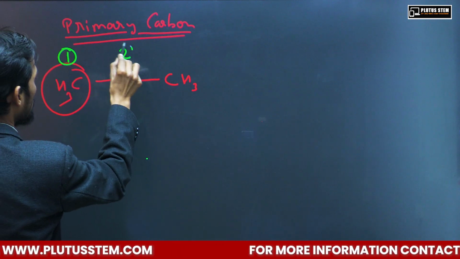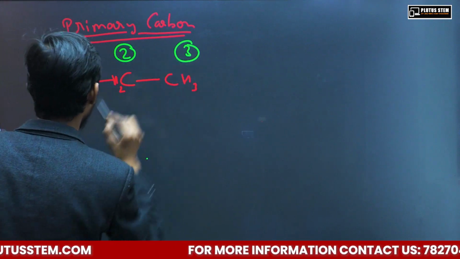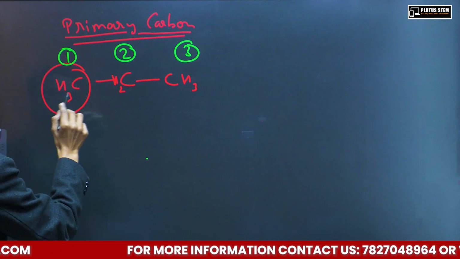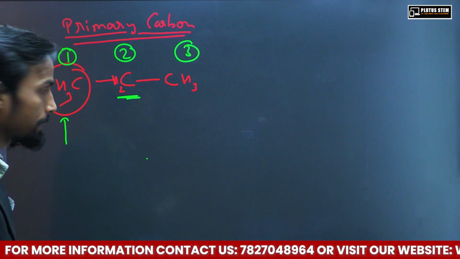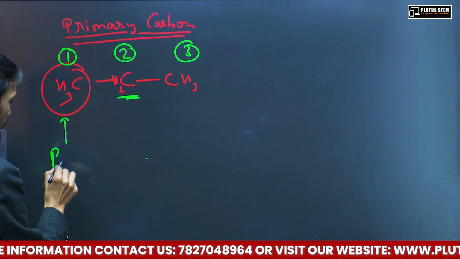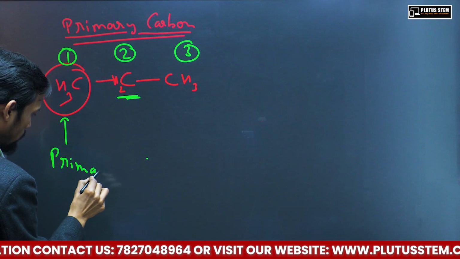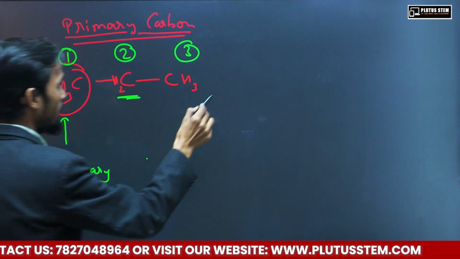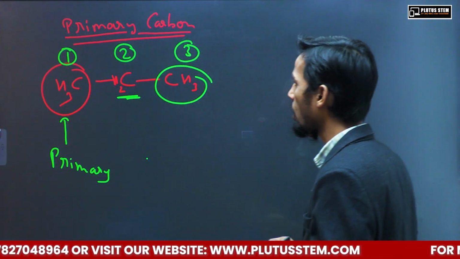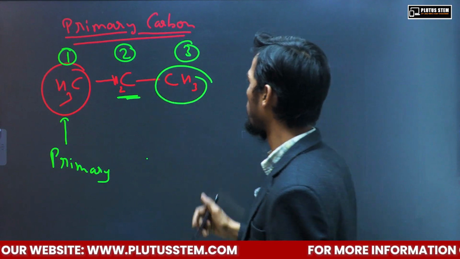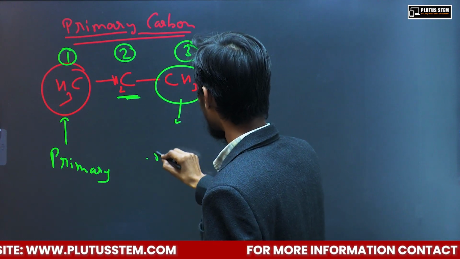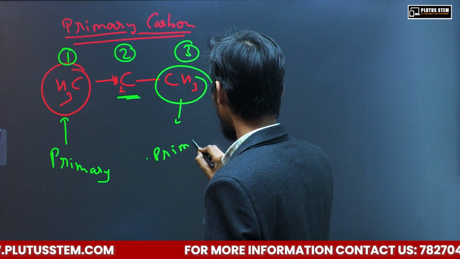Let's say this is carbon 1, this is 2, and this is 3. This CH3 is attached to only one carbon, that is C2, so this is a primary carbon. The same is the case with carbon number 3. It is also attached to only one carbon, carbon number 2, so it is also a primary carbon.